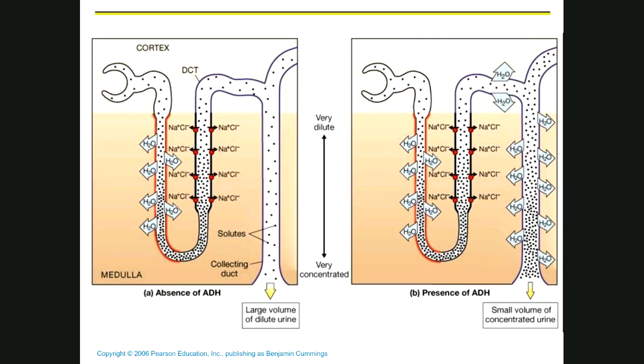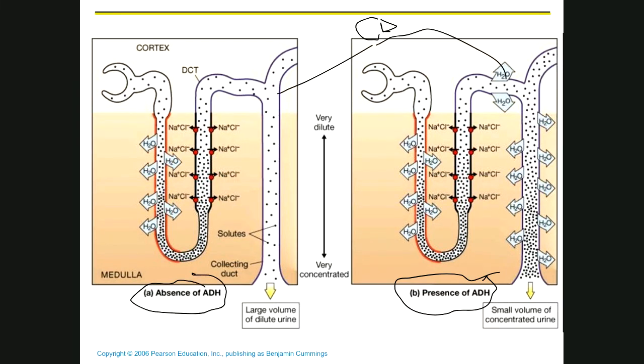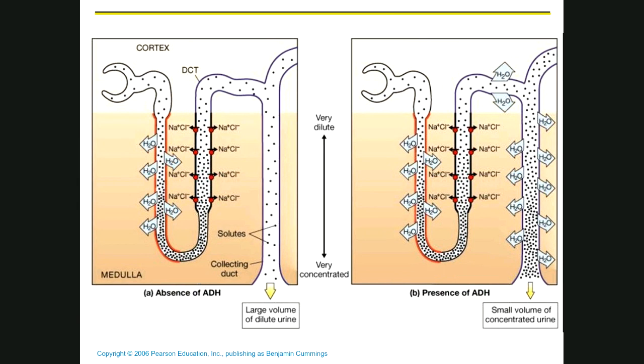So if I look at the difference between when I do have ADH and when I don't have ADH, again, it's all about this collecting duct. So with ADH, it's permeable to water, and so the water comes out. So look at all the water coming out. And as the water comes out, the urine is going to get more and more concentrated.